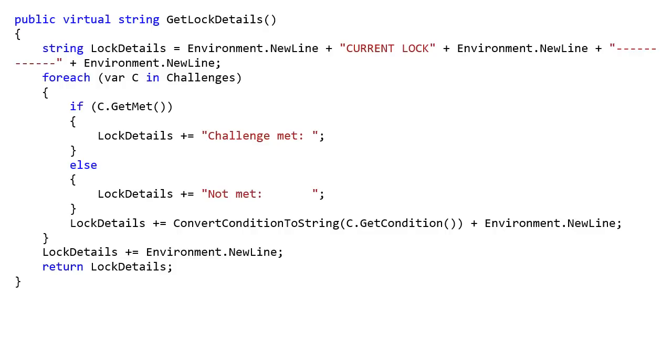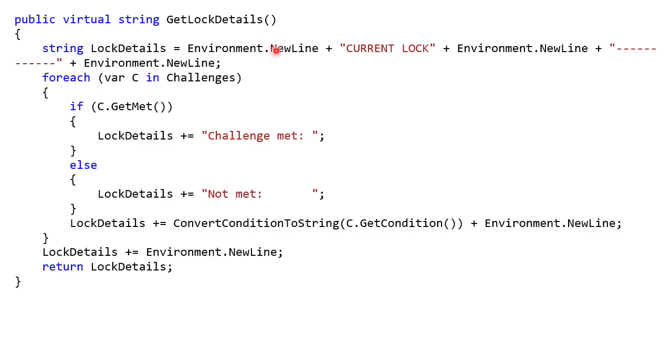So it starts to build up this string here. We can see it returns lock details, and this is where lock details is declared. This syntax here, Environment.NewLine, simply adds a new line character. You may have used \n previously for a new line, so it's roughly equivalent to that.